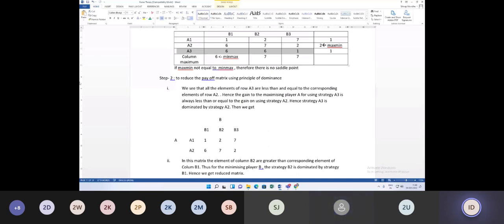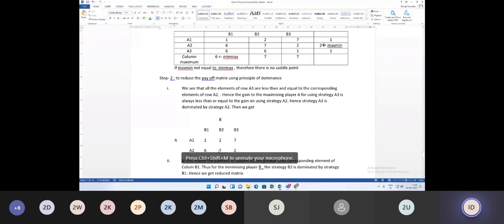The first column is 1 and 6. 1 and 6 is less than 2 and 7. Yes or no? Yes, sir. Is the first column less than the third column? 1 is less than 7, fine. But is 6 less than 2?